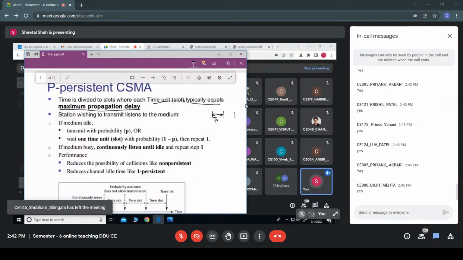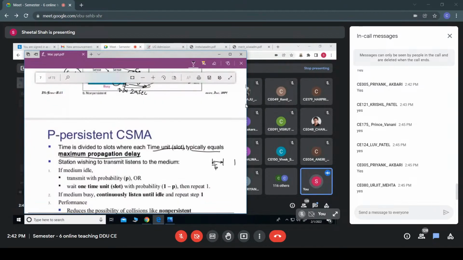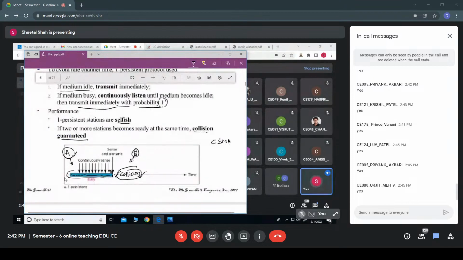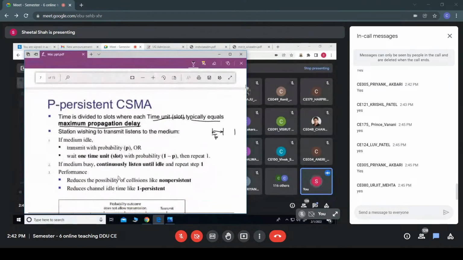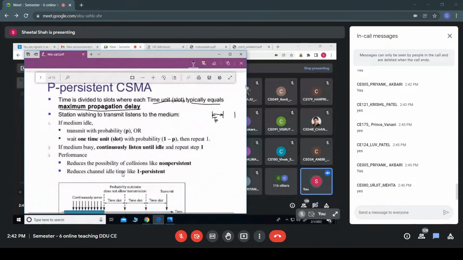Now in one persistent CSMA, as soon as the channel becomes free, both the stations would start transmitting. Whereas in case of P-persistent CSMA, if the medium is idle, it transmits with the probability P. In case of one persistent CSMA, that is nothing but 100% both the stations would start transmitting.